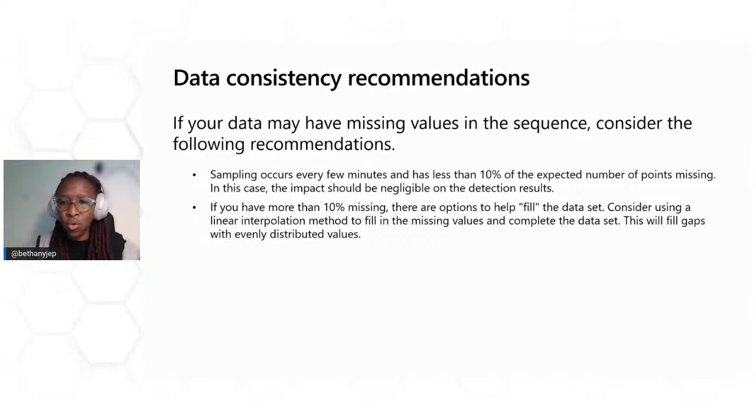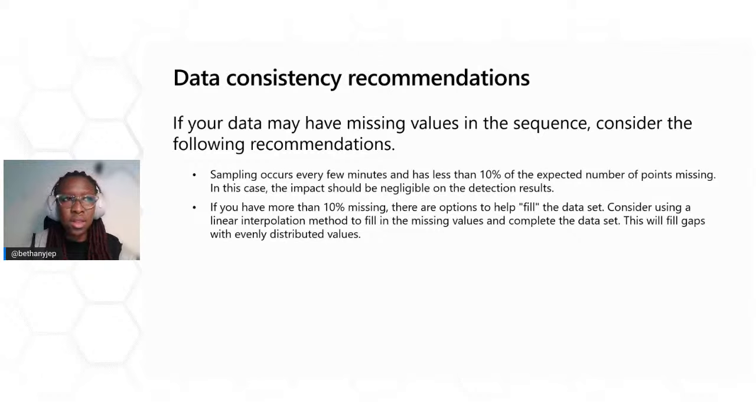So what you can do is something called sampling. So sampling is every 10 minutes, every few minutes, you have your data, and if it has like 10% of the expected number missing, it can still calculate with it.